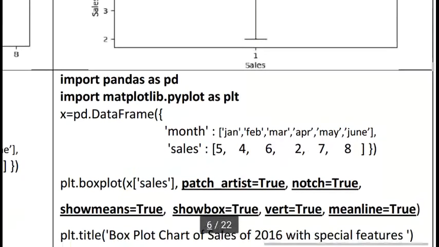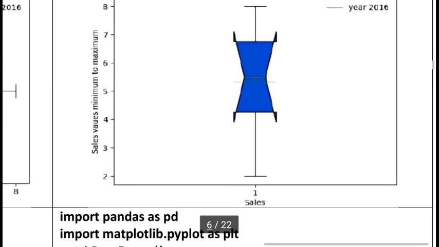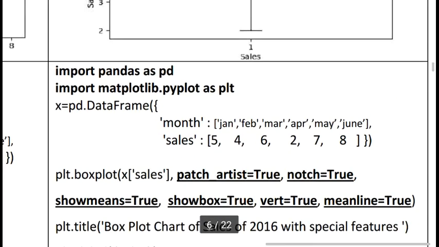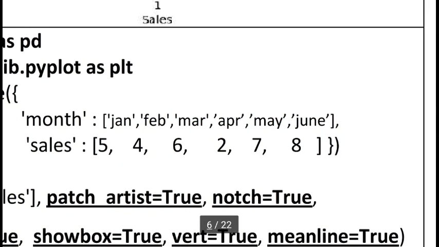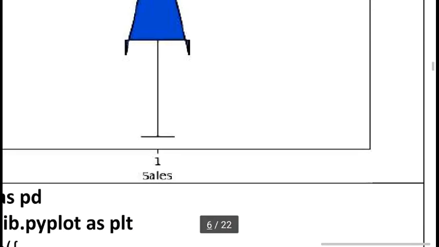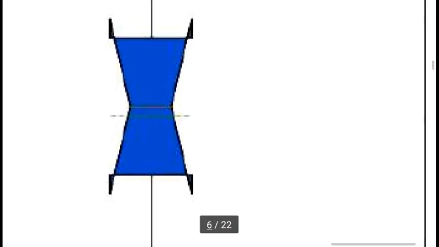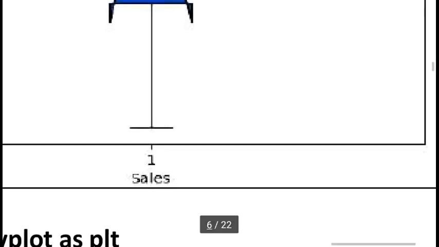Here I am using vertical is equal to true. Here mean line is equal to true. So the same thing, mean line means average line, you can see again. Show and hide we can control.